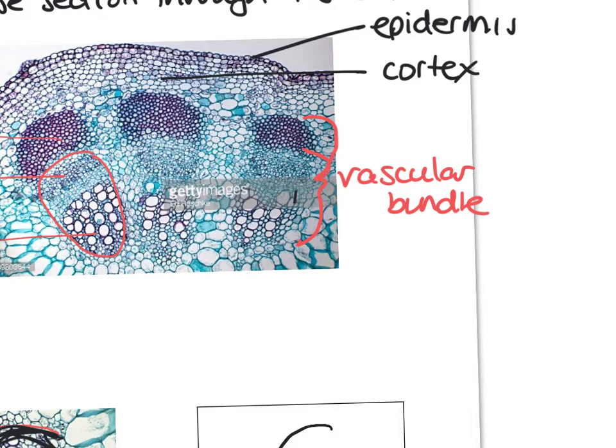So there's your vascular bundle. That's all you need to draw for the shape. And then obviously your labels are xylem, phloem, vascular bundle. These are fibres. Cortex, because it's towards the outside. And this bit here is the pith, the cells that are towards the centre of the stem.